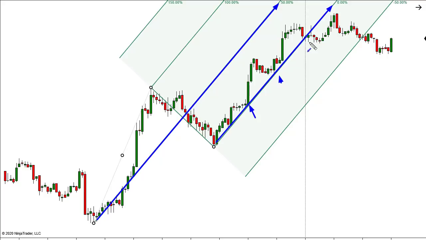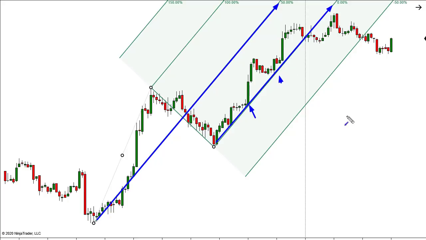And of course, the trend is your friend until the end. As you get an extended trend, it's less likely to continue. So the ideal situation would be to buy early as it comes in and bounces off of the first trend line here. The longer it continues, the less probable it is to continue. So that's one way of using it for entries.